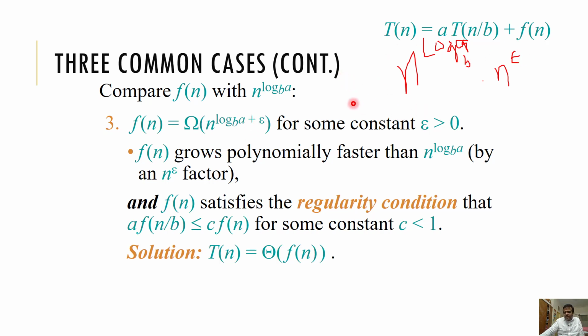So f(n) is greater than or equal to some constant times this, and that is nothing but big omega notation. If you recall the definition from lecture 1, this is big omega notation, and epsilon is greater than 0. Epsilon could be 1, 2. So this is a polynomial factor. So f(n) is faster than n to the power log a base b. f(n) is the dominating cost, the combining cost at the top, and that is very heavy.